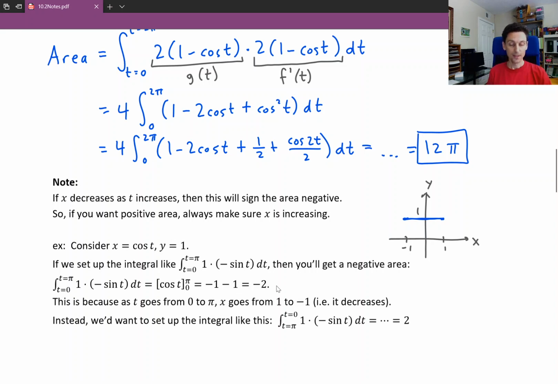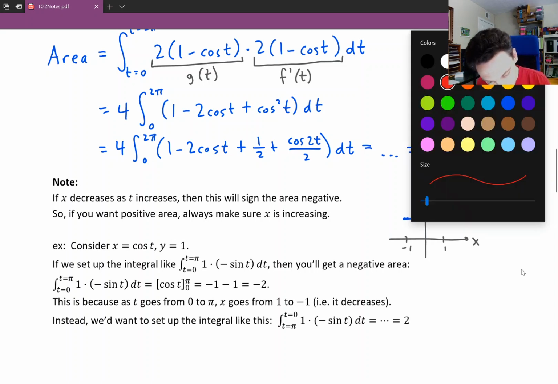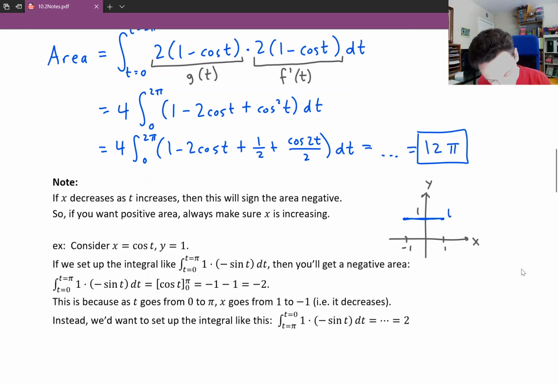Notice that the area here is signed negative. And the reason is that as t goes from 0 to pi, x is going from 1 to negative 1. In other words, it's decreasing. This over here is where t is equal to 0. When t is equal to 0, you have x equals cosine 0, which is 1.